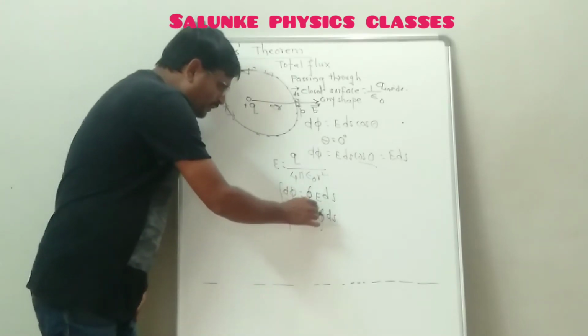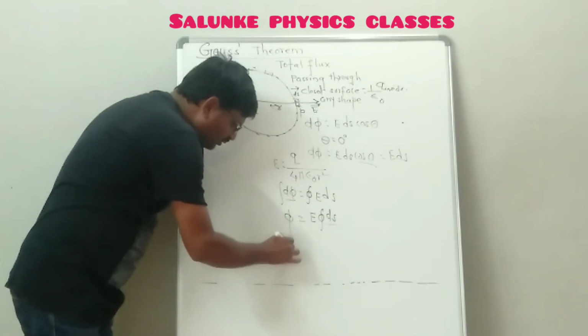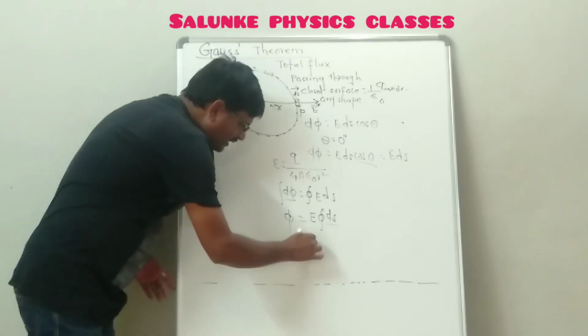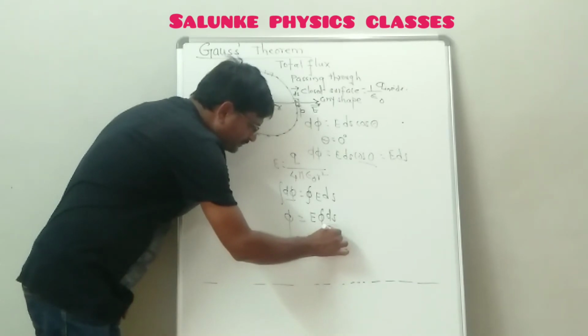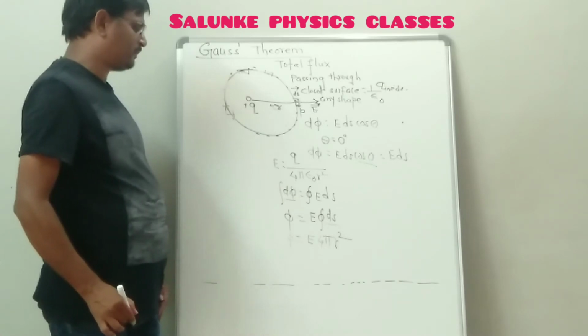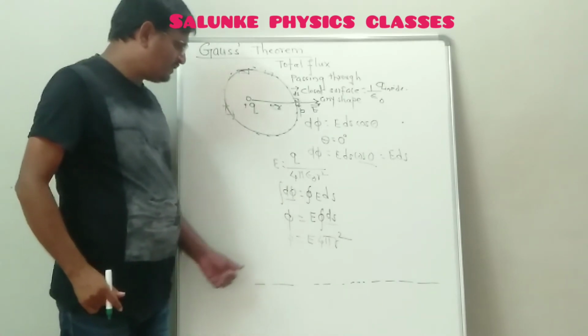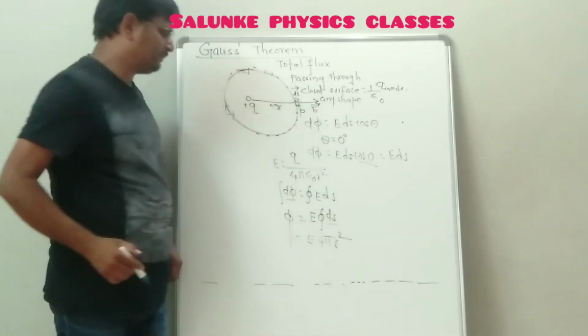Integral of ds over the closed surface area, phi is equal to E 4 pi r square.